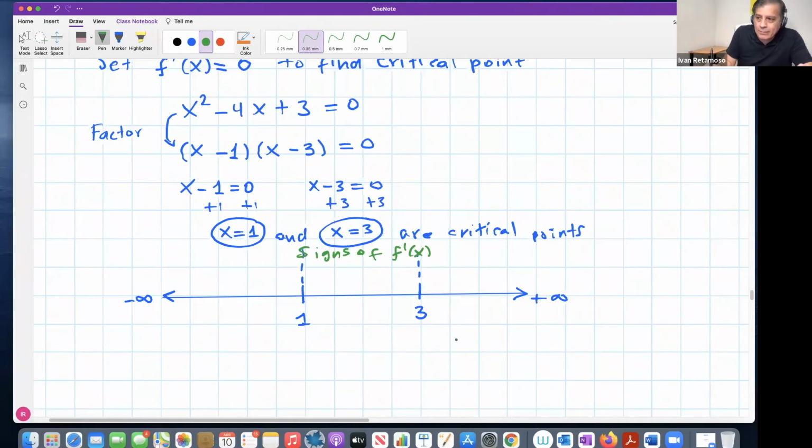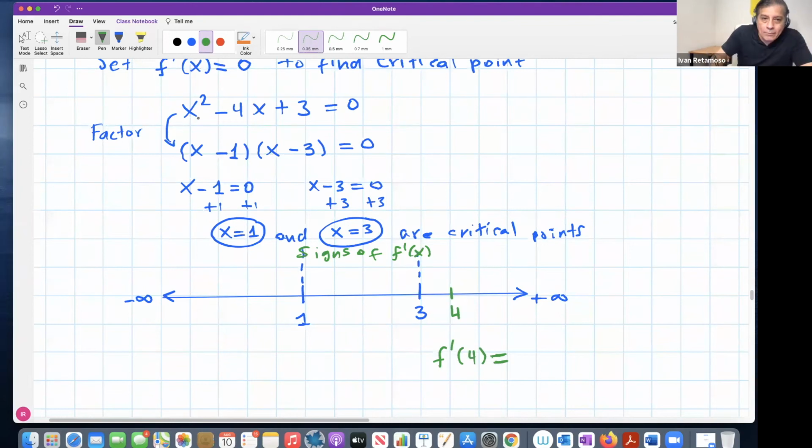What do you mean use test point, Professor? Well, for example, here in this region, if you want to figure out the sign of your derivative, you can take a test point, number 4, for example, and then evaluate your derivative at 4 using your calculator, and figure out if this is positive or negative.